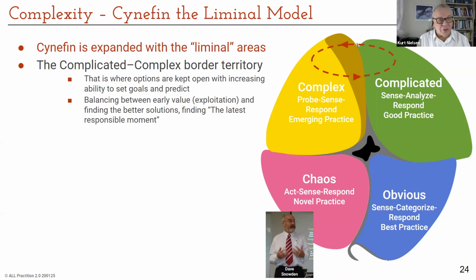So there's this territory between the complex and complicated, which should probably be drawn wider, because that's where Scrum really fits in, where we're trying to keep everything open and then, sprint after sprint, shuffle something to the right, to the complicated, so that we can deal with it. We are constantly juggling and balancing early value exploitation with trying to find a better solution, trying to find, as some people have called it, the latest responsible moment to act.